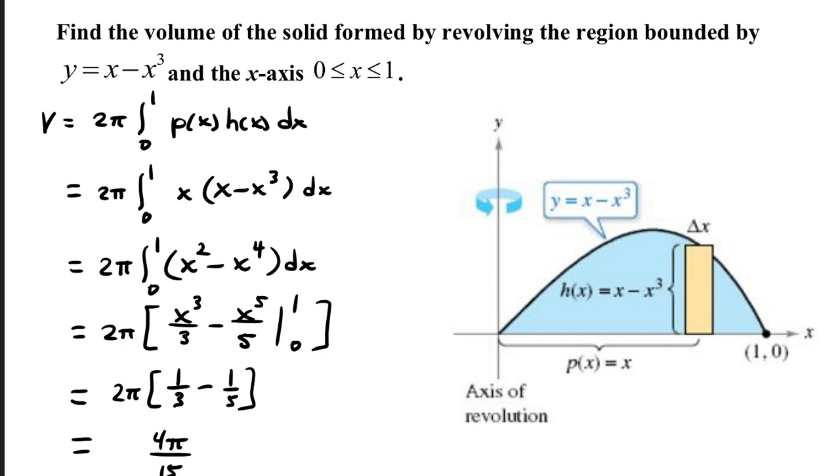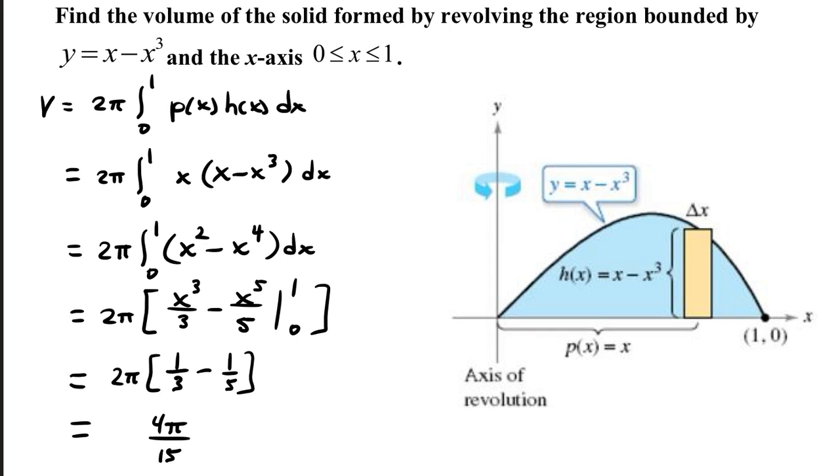Antiderivative, or integrate, however you want to look at it, we have x cubed over 3 minus x to the fifth over 5, evaluated at 1 minus evaluated at 0. That gives us 2 pi times 1/3 minus 1/5. When we sub in 0, that goes to 0, for a grand total of 4/15 pi. I was looking at the wrong number.